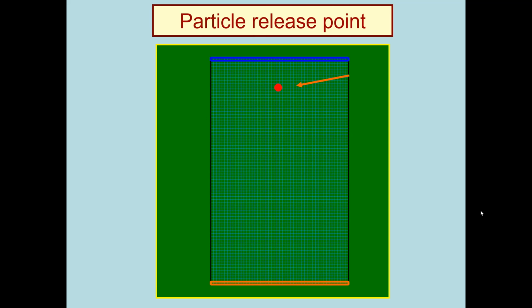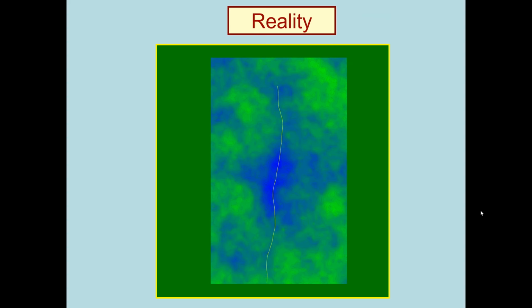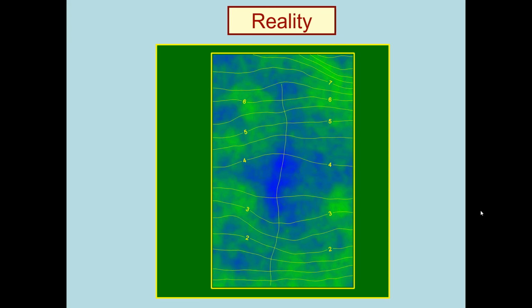And a particle I'm going to release near the top of the model domain, and it's going to be carried with the water to the bottom of the model domain through a heterogeneous hydraulic conductivity field which I generate using a random parameter field generator, a multi-Gaussian random parameter field generator. So I know reality in this case because reality is synthetic.